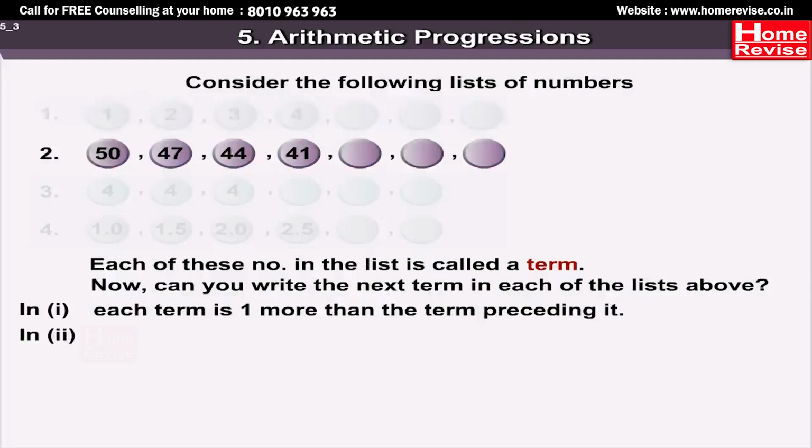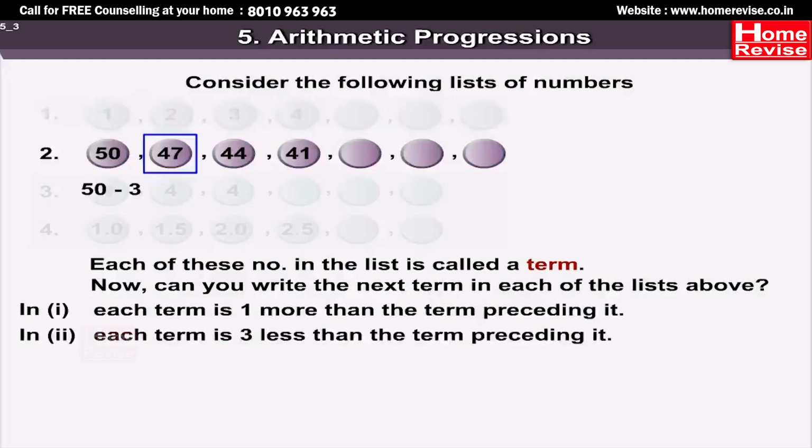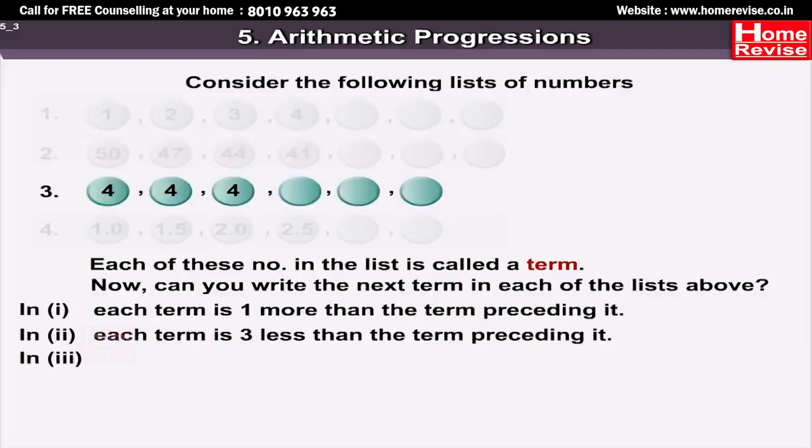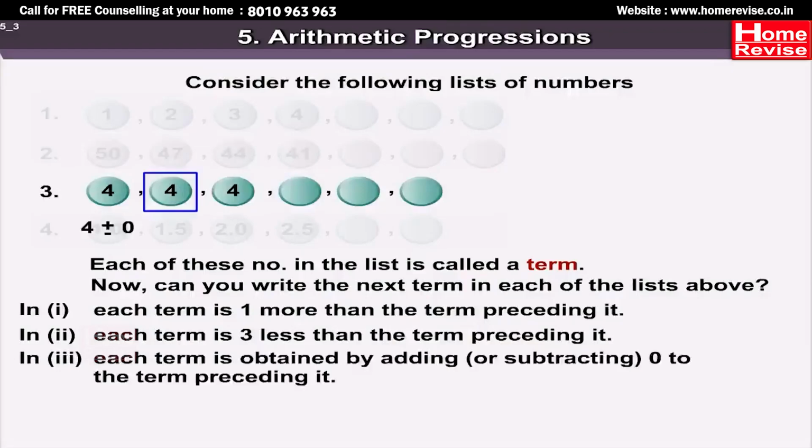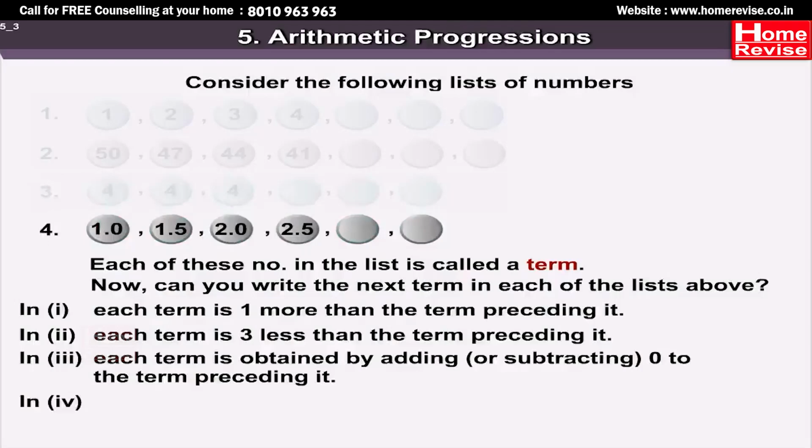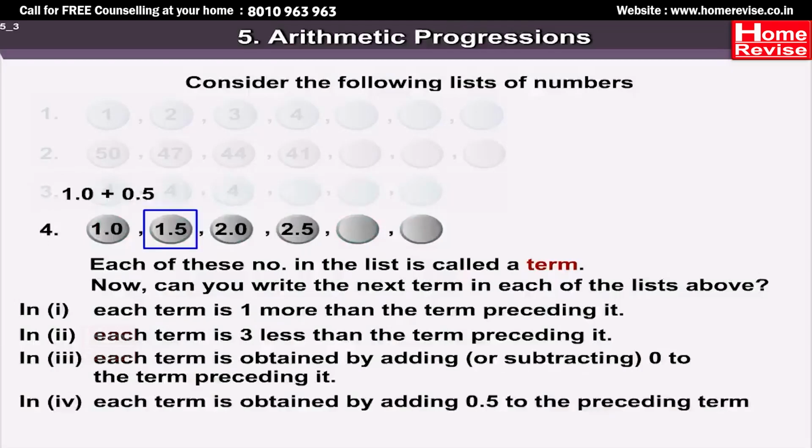In 2, each term is 3 less than the term preceding it. In 3, each term is obtained by adding or subtracting 0 to the term preceding it. In 4, each term is obtained by adding 0.5 to the preceding term.